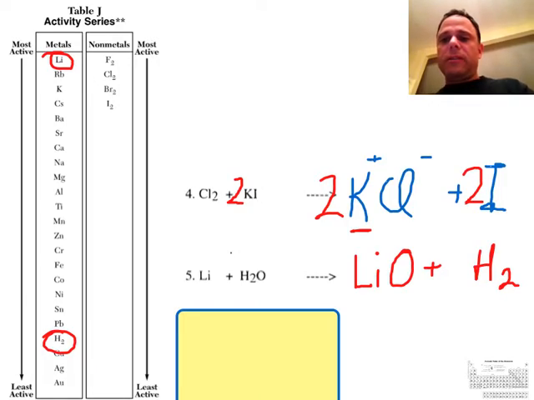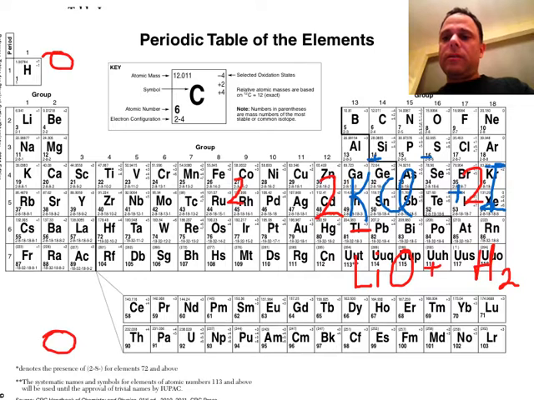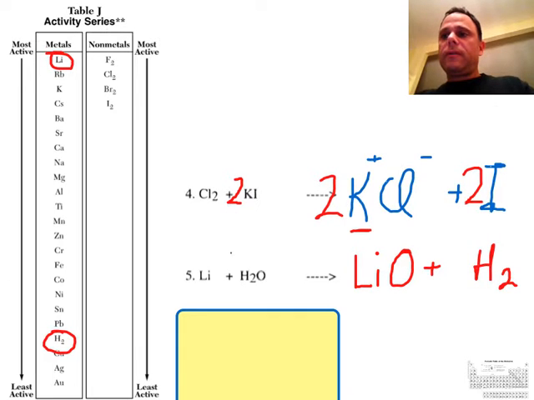Now, does this balance? Lithium and oxygen. Here is lithium at +1, oxygen at -2. So we are going to have to do a little work on this. This is a +1, this is a -2. So we are going to have a formula of Li2O to make lithium oxide.